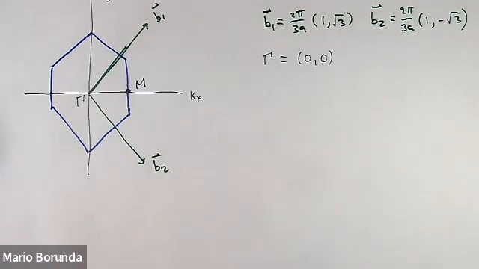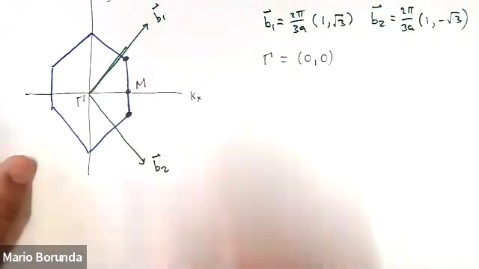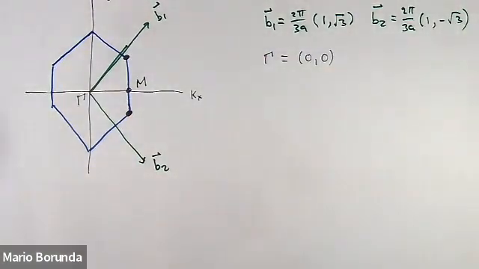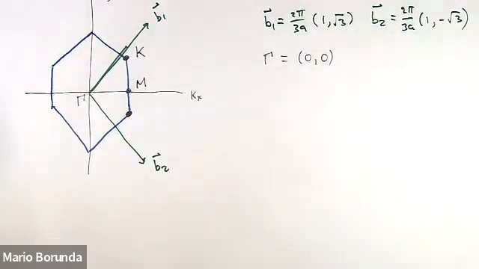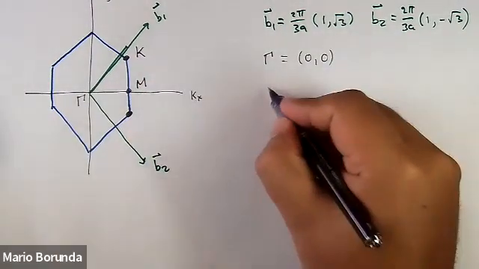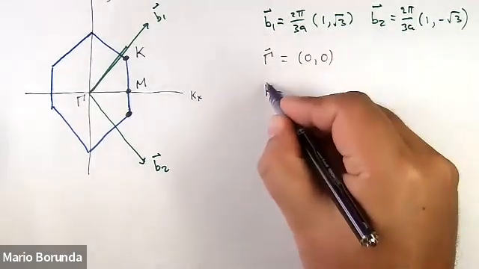All right, so then there's another point of symmetry here and here. For graphene and this lattice, well, for this lattice, this is called the K point right here. K, capital K. So for instance, if I have this, this is a vector, right?